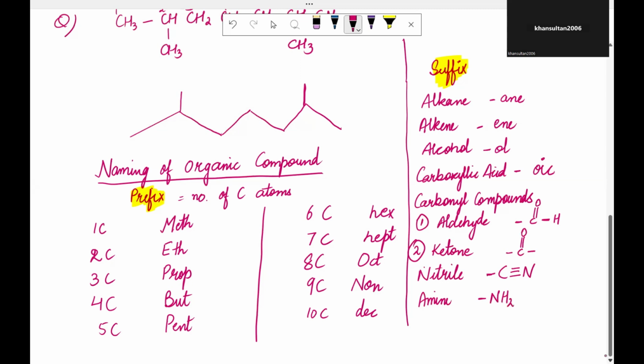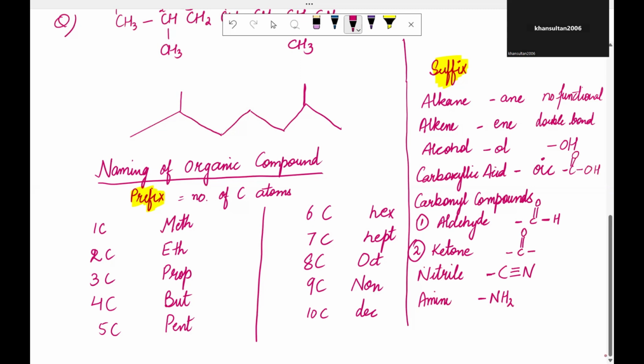Let me discuss its functional group as well. Alkane has no functional group, while alkene has a double bond that basically represents its functional group. Alcohol functional group is OH. Carboxylic acid functional group would be C double bond O dash OH.